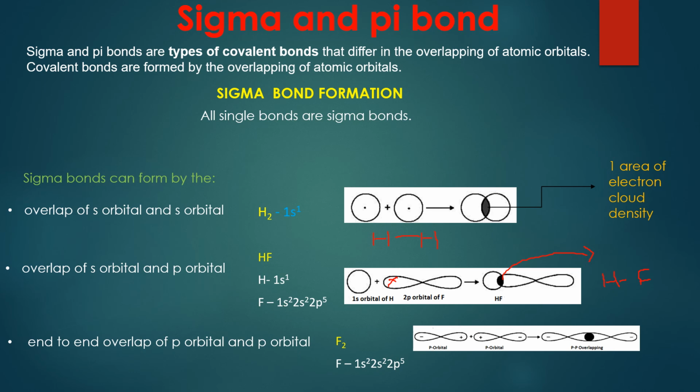When these two p orbitals come along the x-axis, that is known as the end-to-end overlap. End-to-end overlap will again result in the formation of one region of electron cloud density, and this one region will result in the formation of a single bond. So these are the three ways in which a sigma bond is formed.